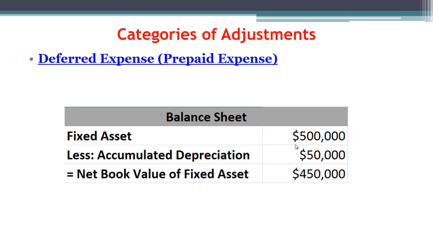So on the balance sheet, we would have the fixed asset listed at $500,000, less accumulated depreciation of $50,000, tells us what the net book value of that fixed asset really is, $450,000. We'll talk more about depreciation in later sections, but for now, this at least gives you an overview and explains that this is an adjusting entry.